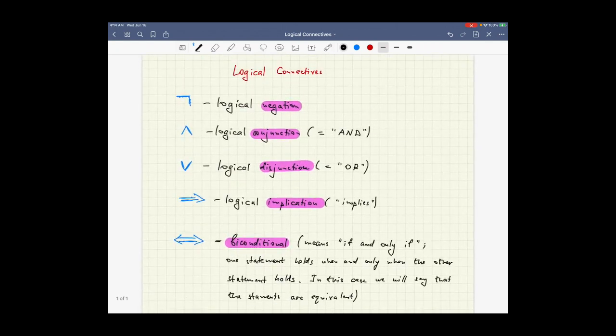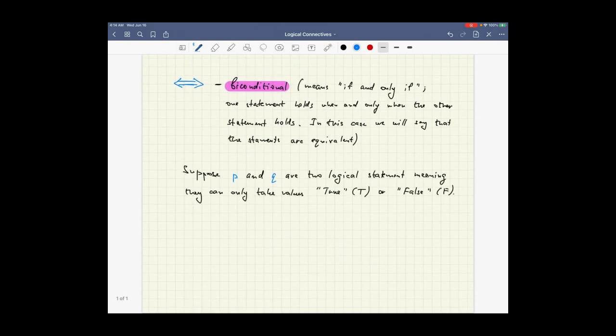Now let's say we concentrate on logical negation first. So how do we properly introduce logical negation using a truth table? Well, whenever statement P is true, its negation, not P, must be false.